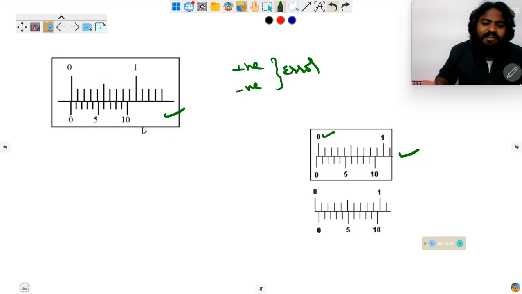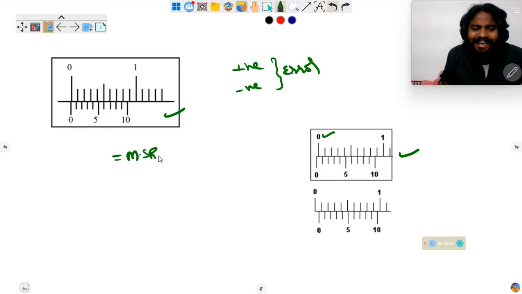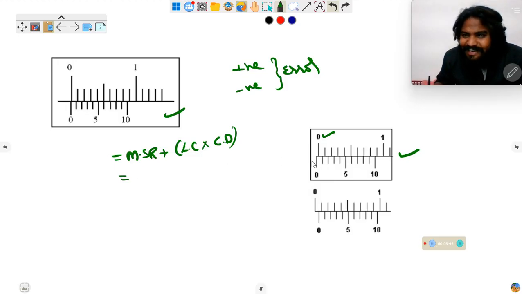So if you want to measure in such a case of negative error, error is equal to main scale reading plus least count into coinciding division. Okay, now remember this, just the normal formula. Here, since it is negative error, you observe carefully which line is coinciding properly.